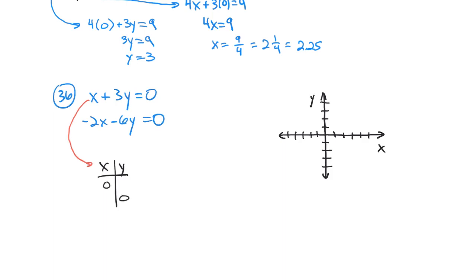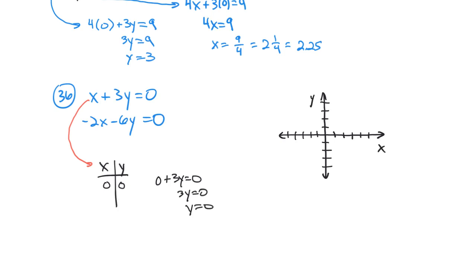So if I plug in 0 for x, I get 0 plus 3y equals 0, which means 3y equals 0, which means y equals 0. So as soon as you get 0 here, that means I'm going to get the same thing if I plug in 0 for y. It means this line's going through the origin. Right, so if I plug in 0 for y, I get x equals 0, which means I need to pick a different point.